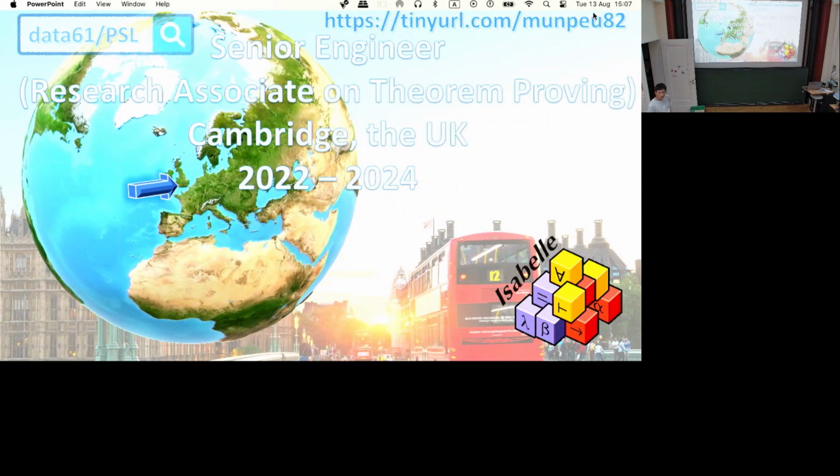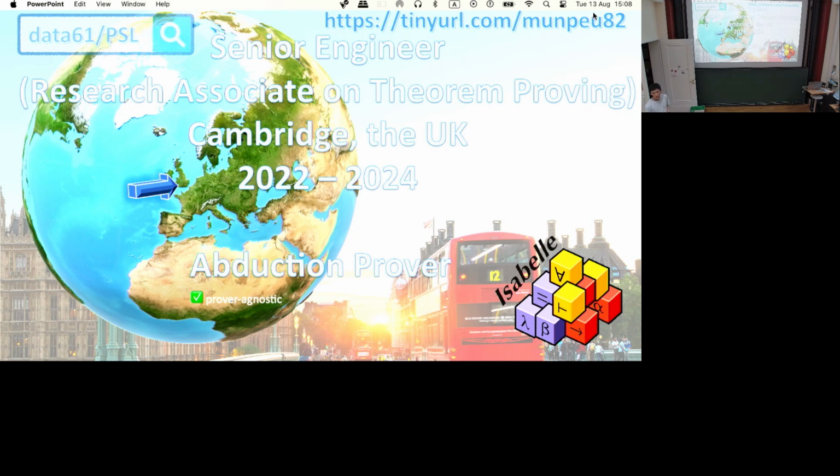Then until 2 or 3 weeks ago, I was working in the UK for a private company. And I worked on the abduction prover, which is going to be the main part of this talk. So our specific implementation, I was working for Huawei Technologies Research and Development in the UK, but I'm not representing Huawei in this meeting.